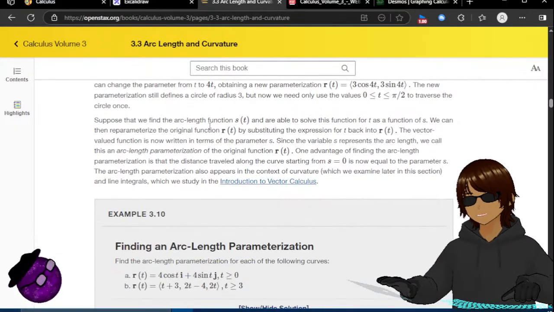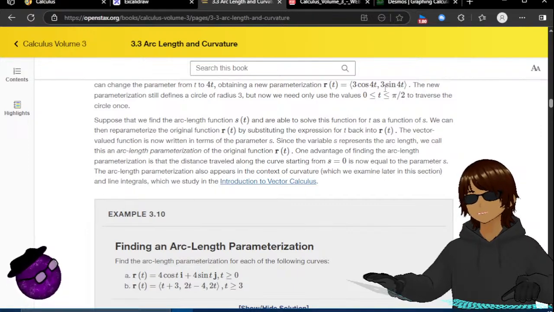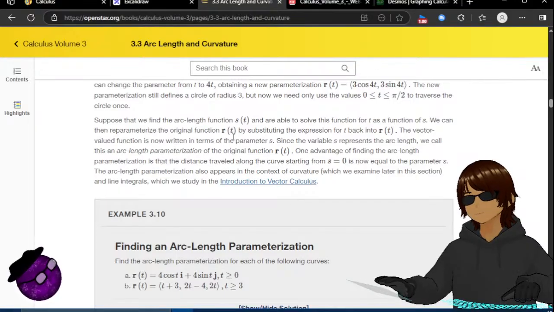Suppose that we find the arc-length function s(t) and are able to solve this function for t as a function of s. We can then reparameterize the original function by substituting the expression for t back into r(t). The vector valued function is now written in terms of parameter s.